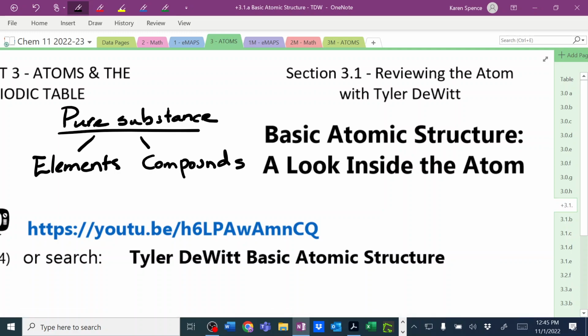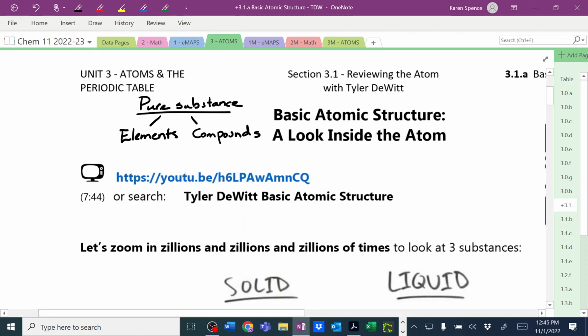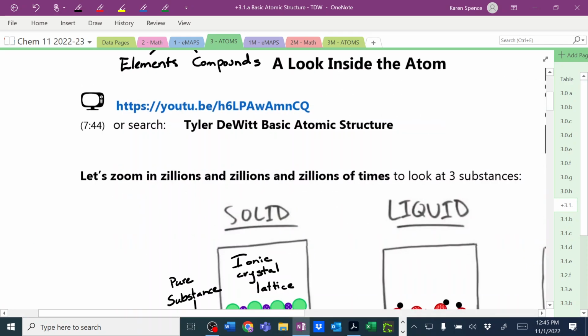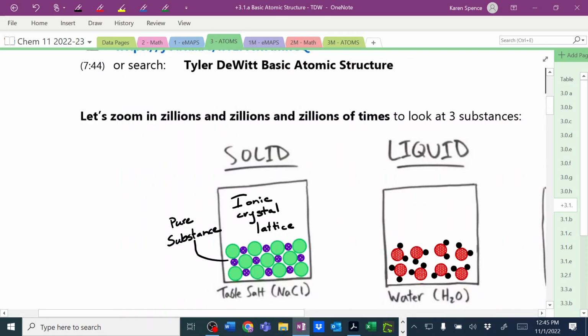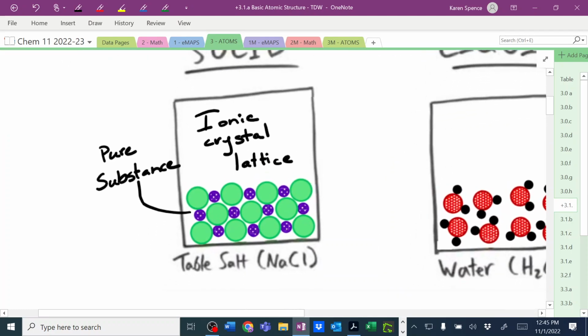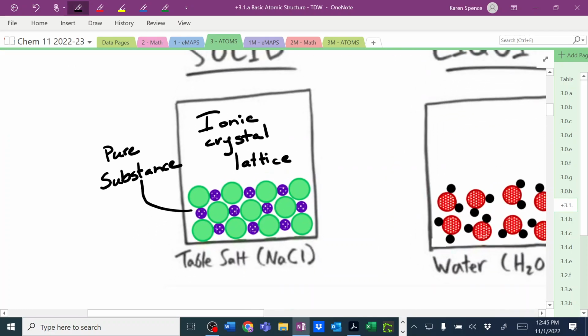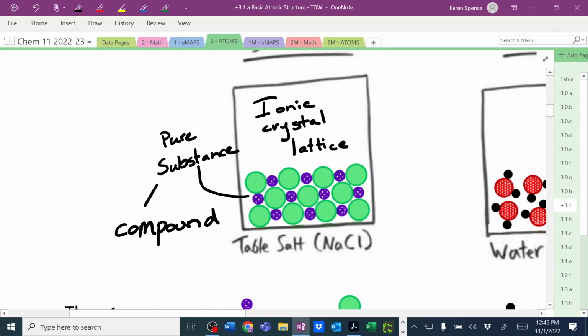So we have a pure substance down here. Is that an element? No, it is a compound. What kind of a compound is it? It is ionic.